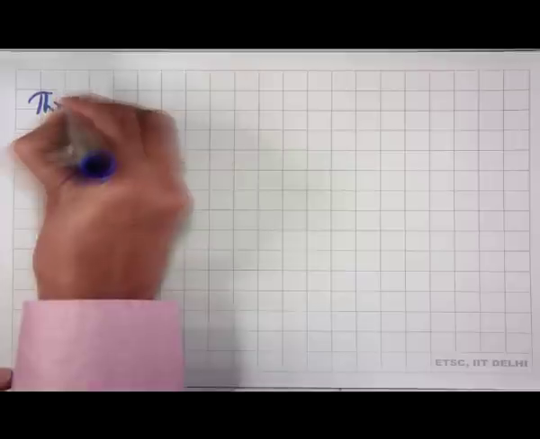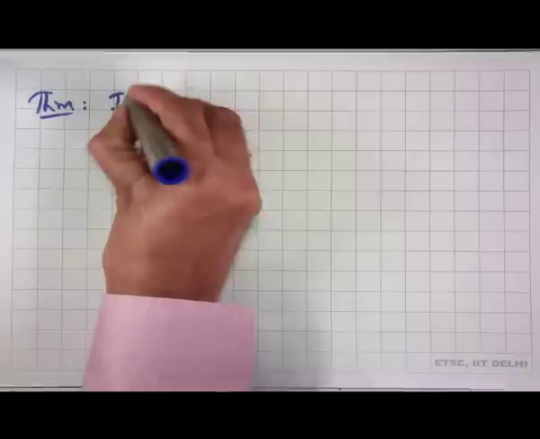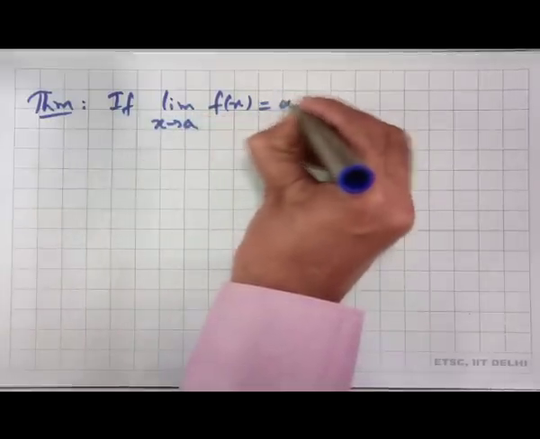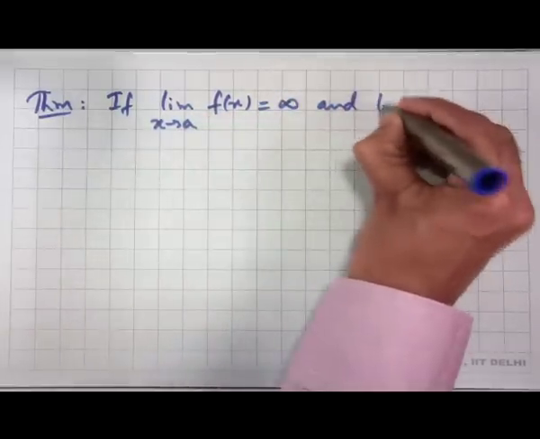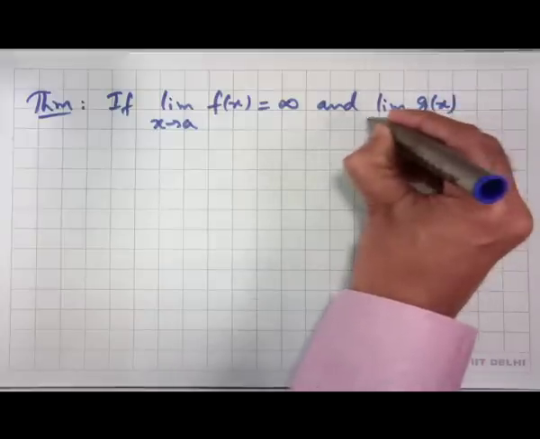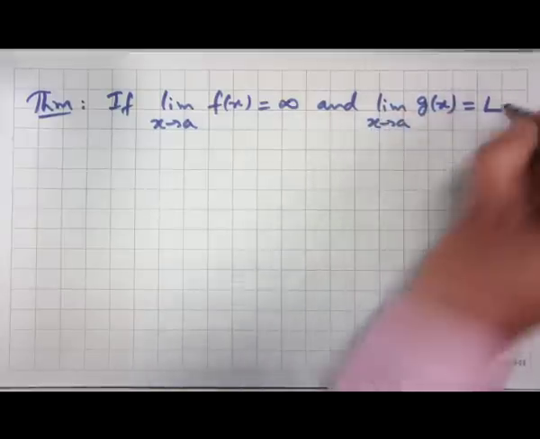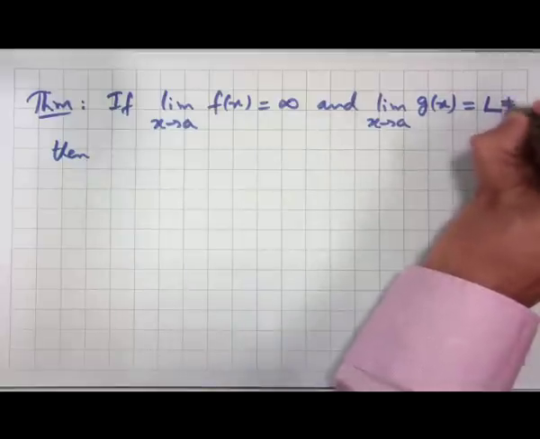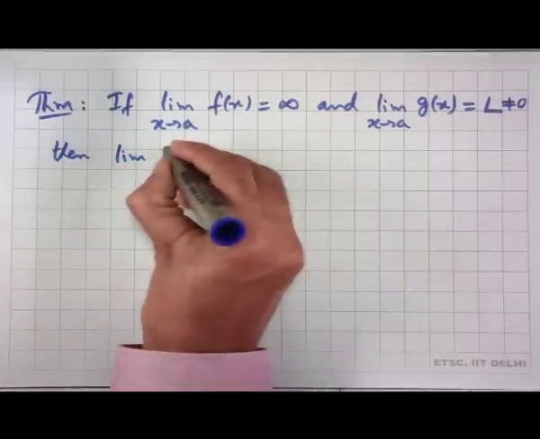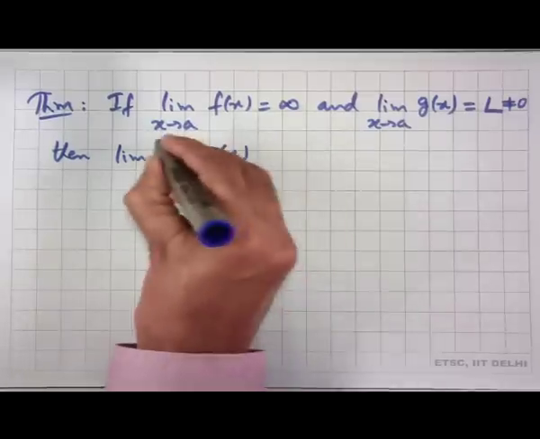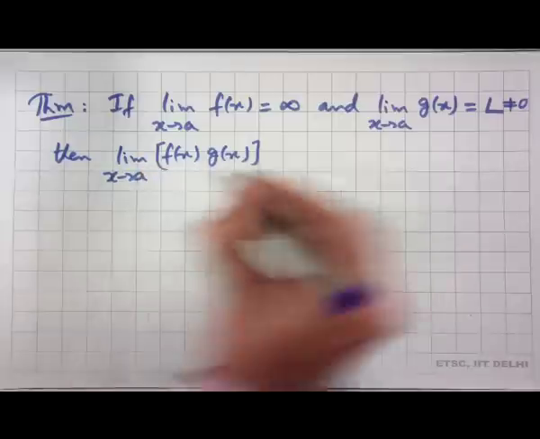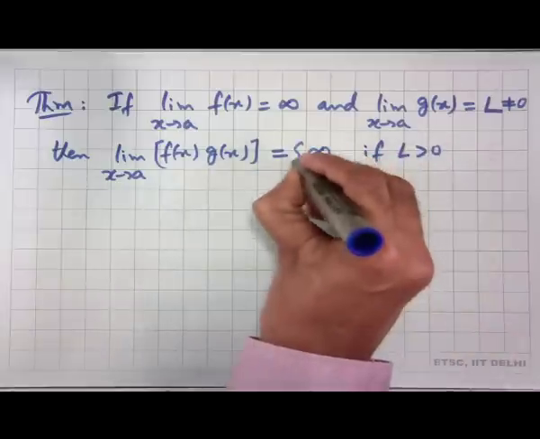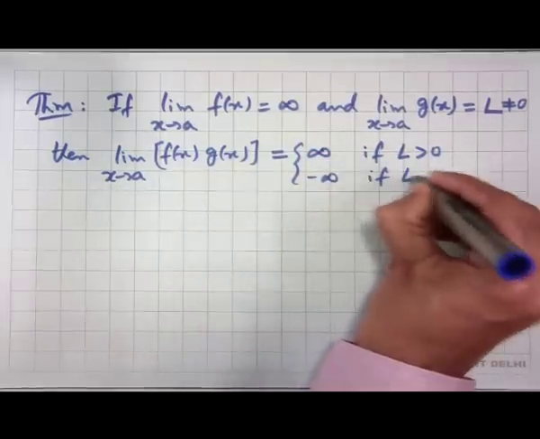Last time we stopped at this theorem: if the limit of f of x is infinity and the limit of g of x is L, and suppose L is non-zero, then the limit of the product function f x times g x is equal to infinity if L is positive and negative infinity if L is negative.